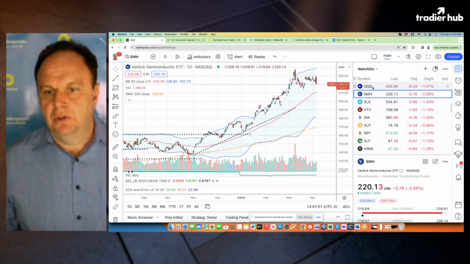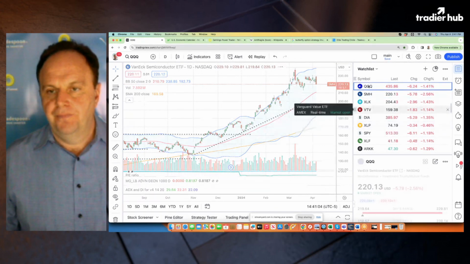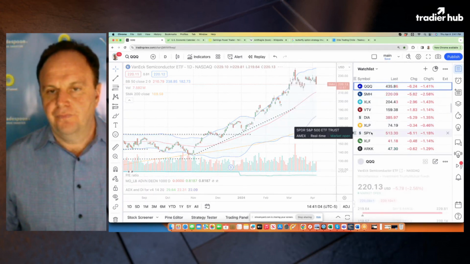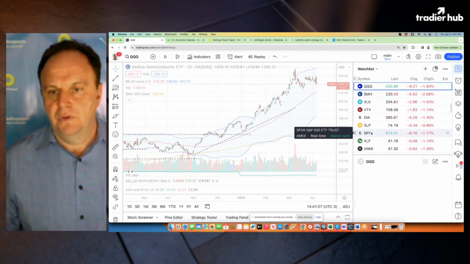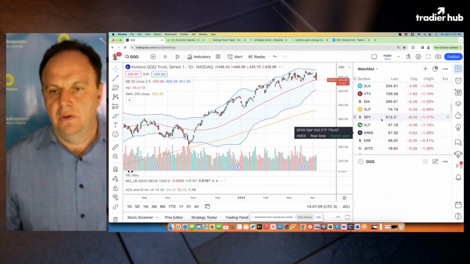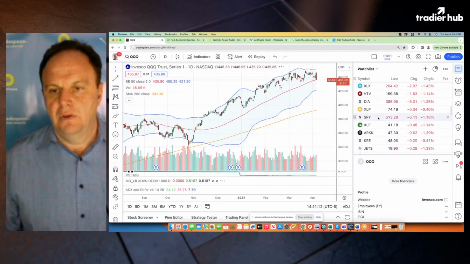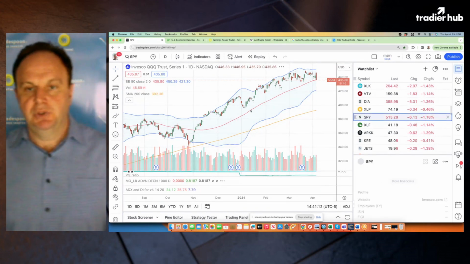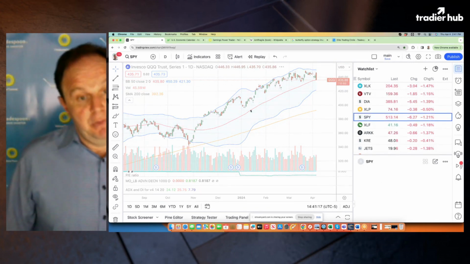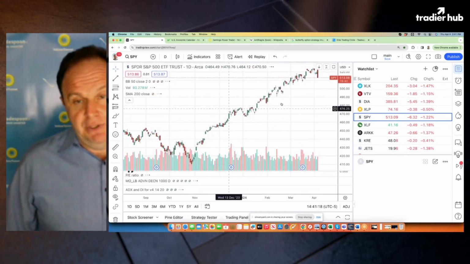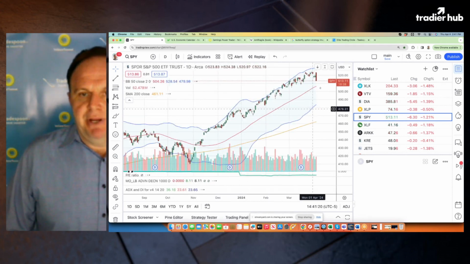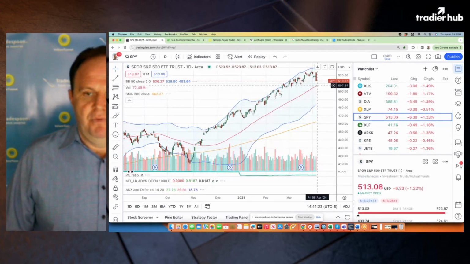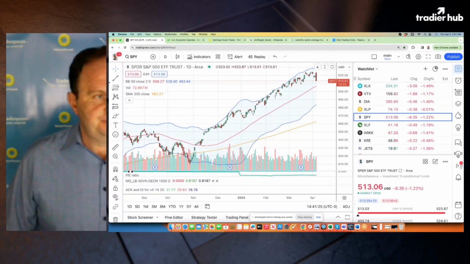QQQ and spiders. So QQQ is at 50-day moving average. 50-day moving average has been a strong support for a lot of indexes. And spiders is not that far away from 50-day moving average, right? Maybe 1%.